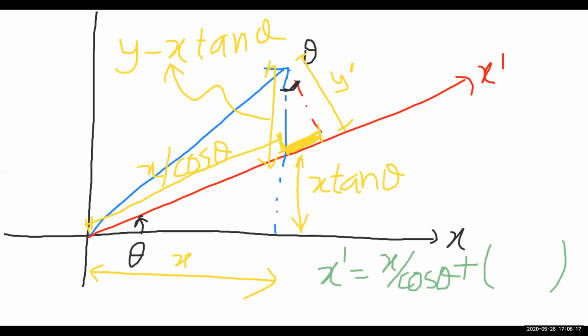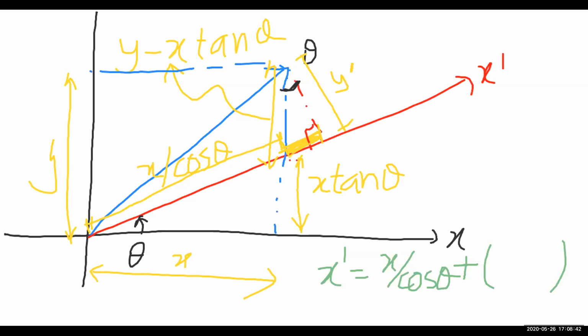Because if I were to drop a perpendicular here, then this whole distance is y, and y minus x tan theta is the hypotenuse of this right angle triangle. Okay, so what is the length? What is the solid yellow line?